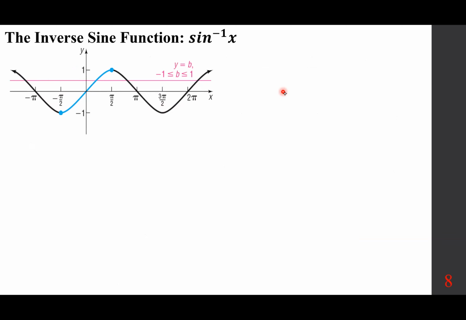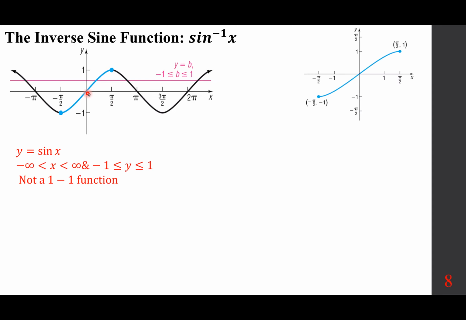However, if we do the restriction from negative pi over 2 to pi over 2, so this doesn't have an inverse, so it's not a one-to-one function. But if we restrict it to this portion only, now this is a one-to-one function, and it has an inverse.